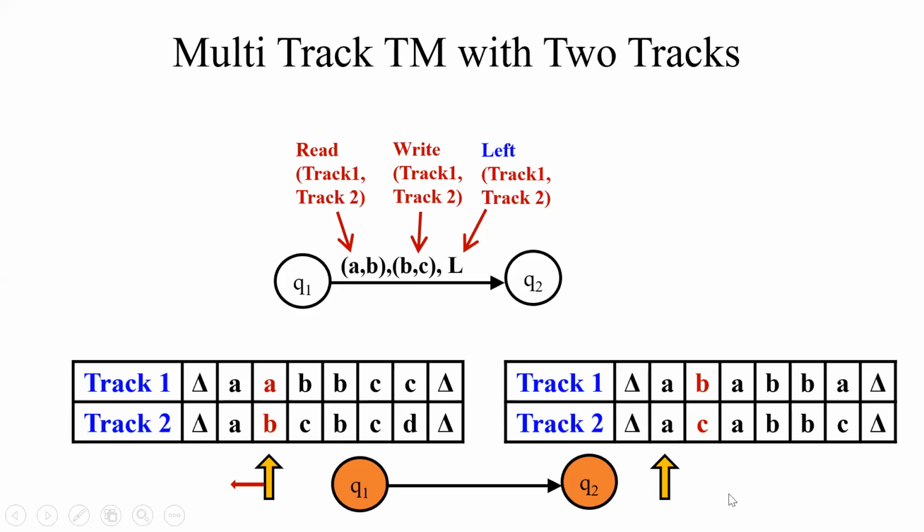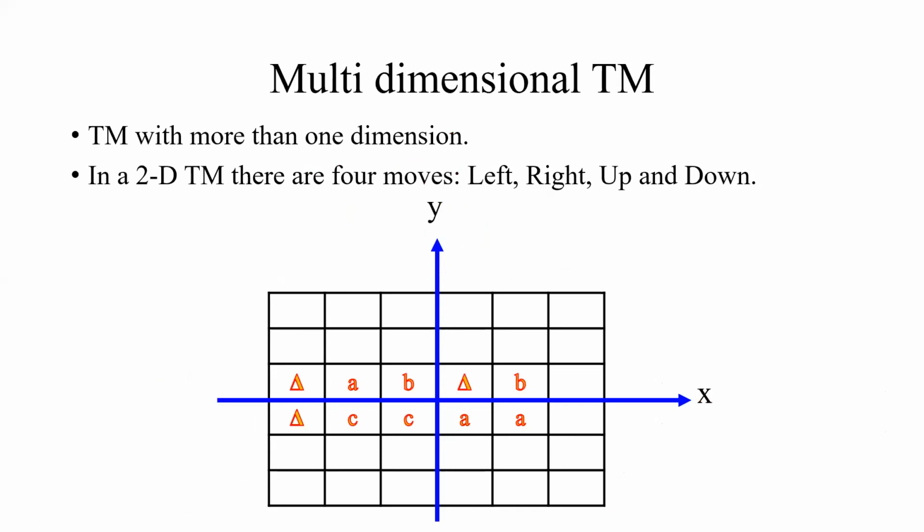This is how the operation will be performed. AB, BC written and the arrow is moving one step left when we have a transition from state Q1 to state Q2.